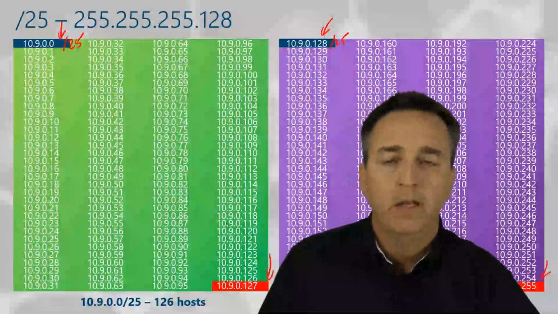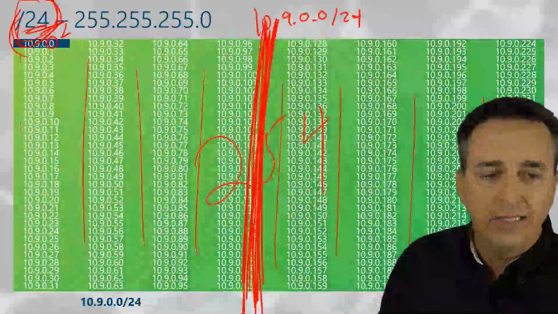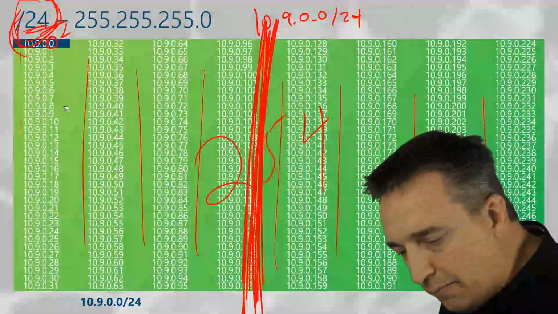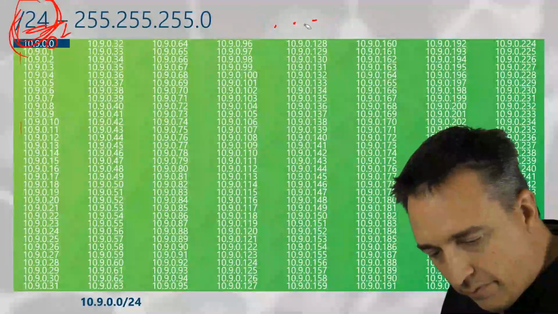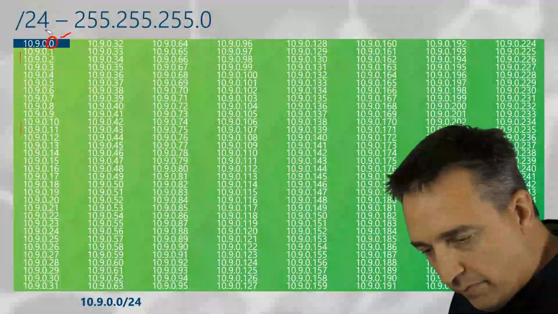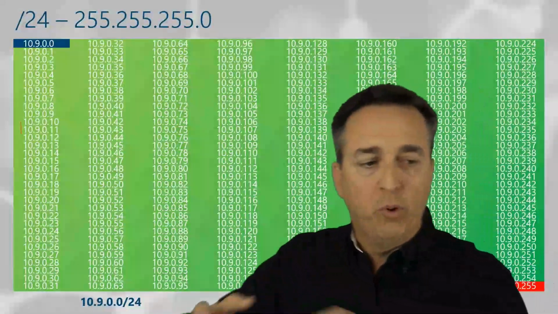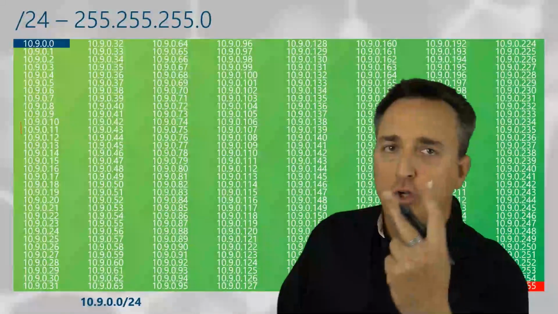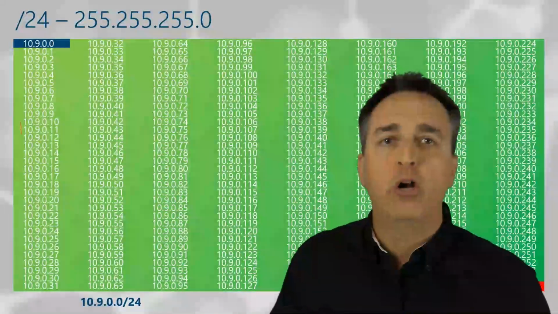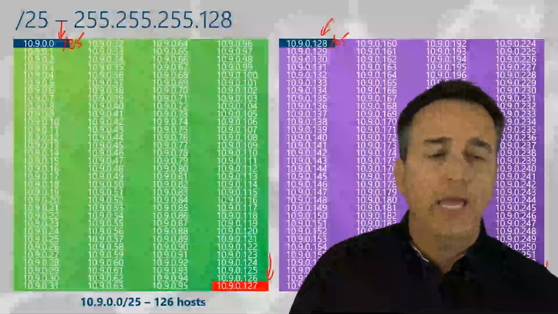We've split it up. One network supporting 254 devices, but instead, I want 2 networks, each supporting 126 devices. So we can cut this in half, and that's what we'll get.